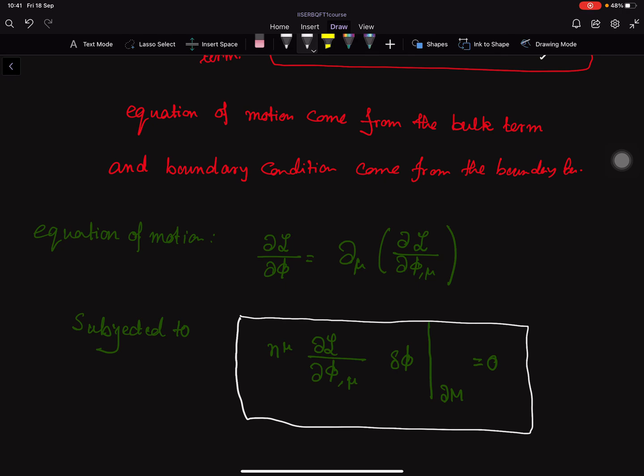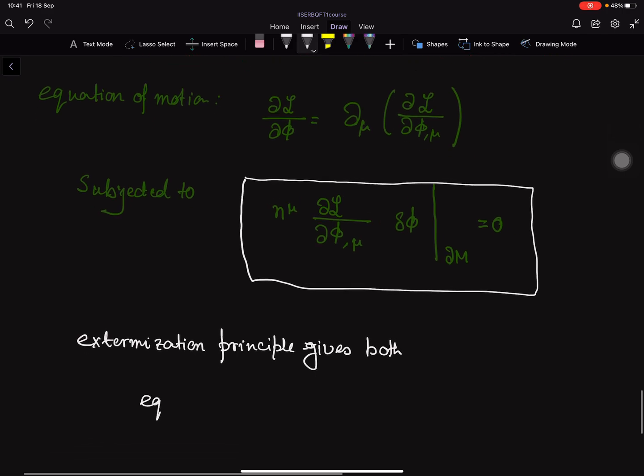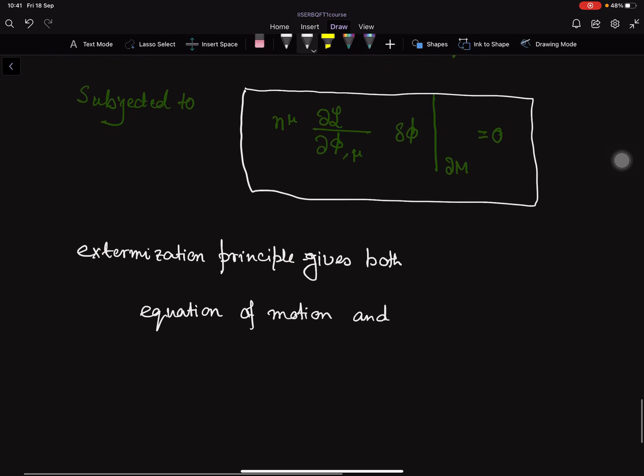So let's write: the extremization principle gives both the equation of motion and the possible set of allowed boundary conditions.